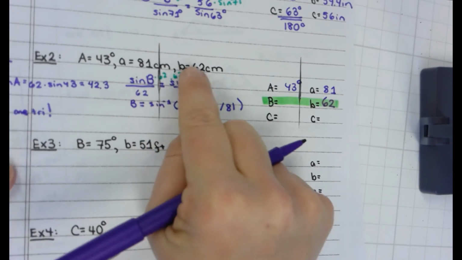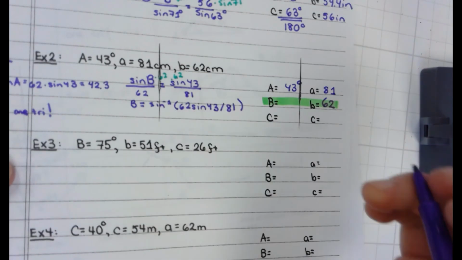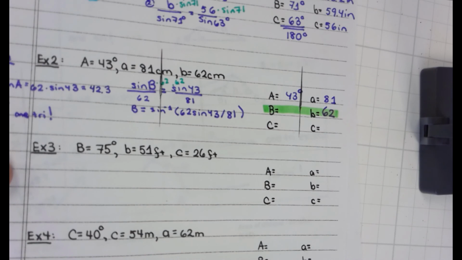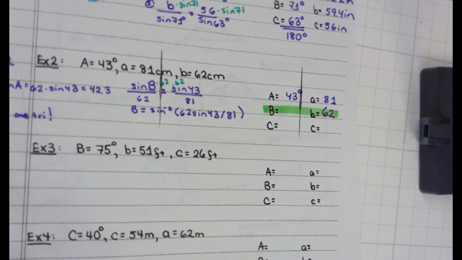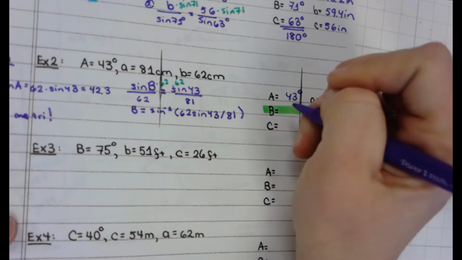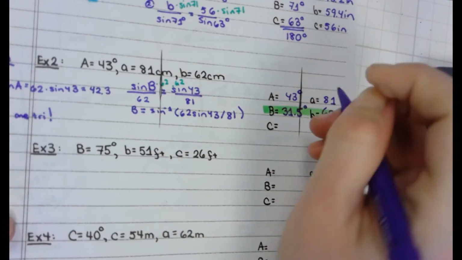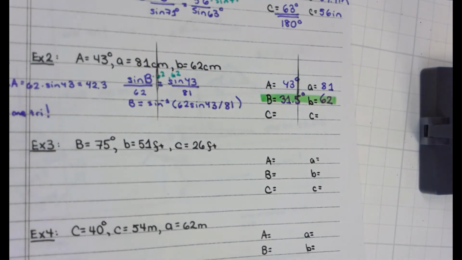But then you're typing in all of these sides. Okay, and I'm getting 31.5.